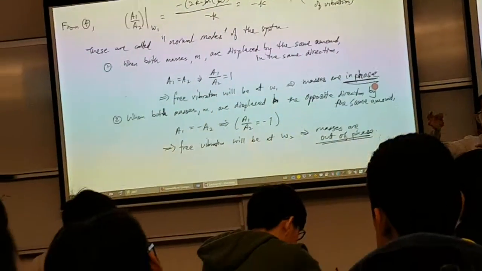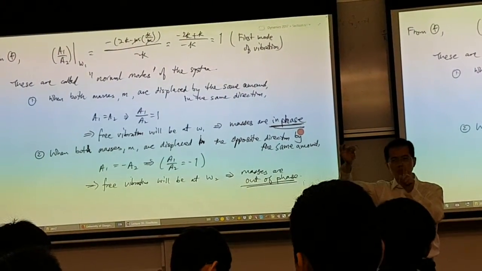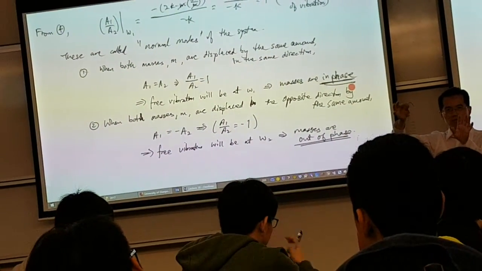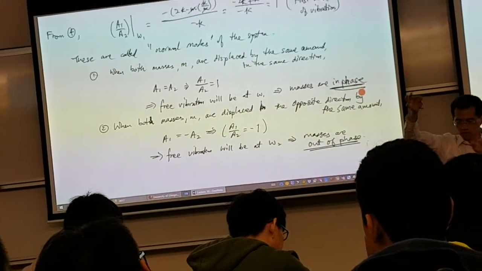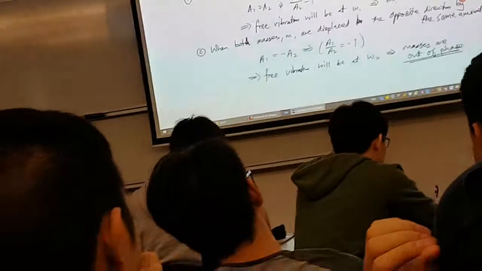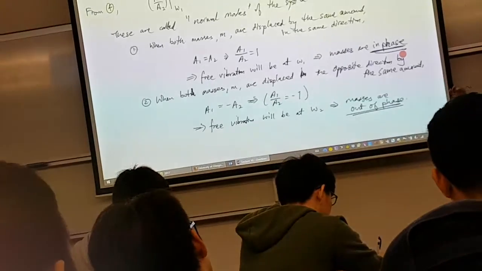What I want you to notice is, look at my hand, that frequency. First mode, this frequency. And then the second mode, that one. Which one has a higher frequency? The second one.